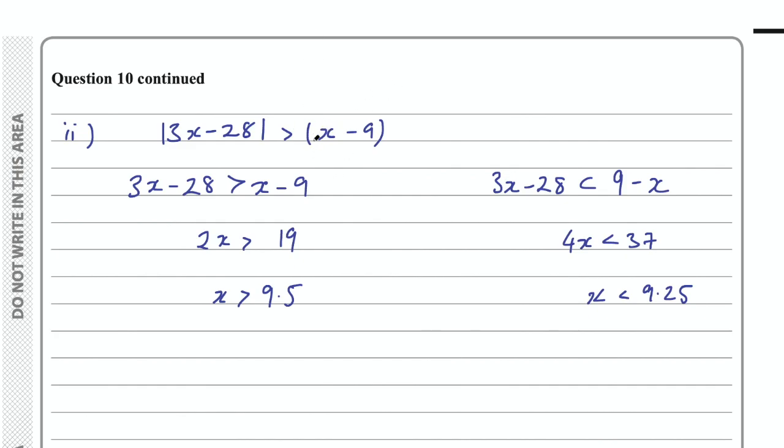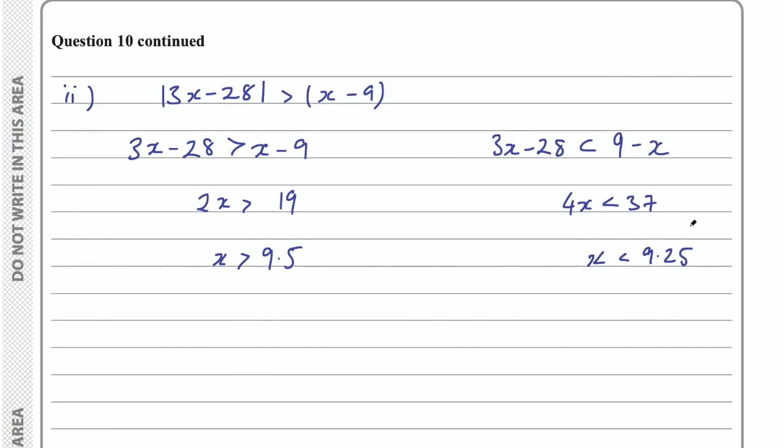And then 9 take 9 would be 0. Okay, so that works in that case. Okay, so I'm fairly confident my workings out is correct there. So I would say this is sometimes true. x is greater than 9.5 and x is less than 9.25.